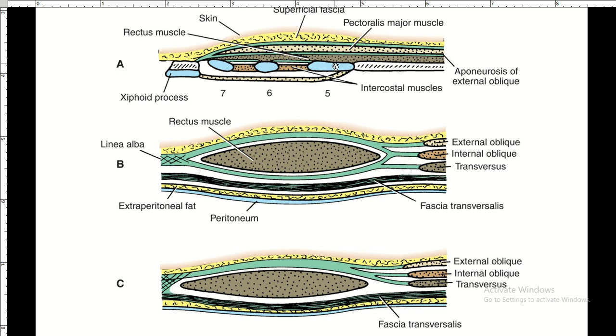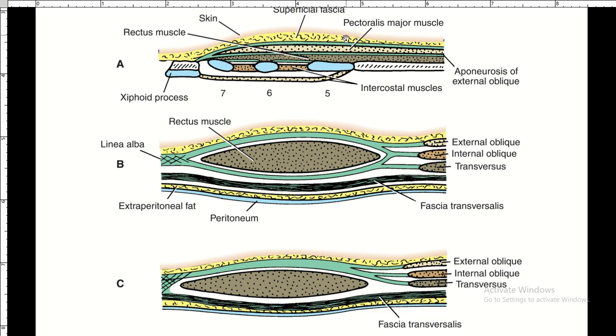Let's take a look at this one. Remember the rectus sheath has an anterior wall and a posterior wall. At this level, the anterior wall is made by the external oblique and the internal oblique, and the posterior wall by the transversus abdominis aponeurosis and the internal oblique aponeurosis. And then at this region, we only have the anterior wall, we don't have the posterior wall, because in the posterior wall we have the fascia transversalis. You understand? But all the aponeuroses fuse and join the anterior wall at this level.